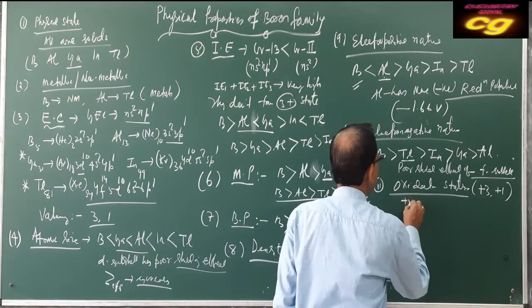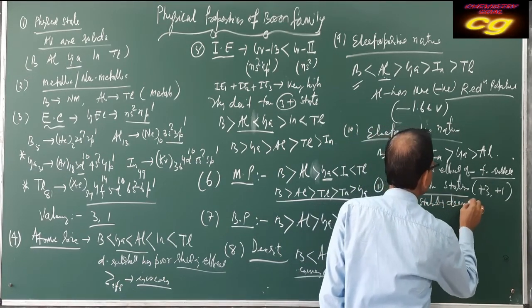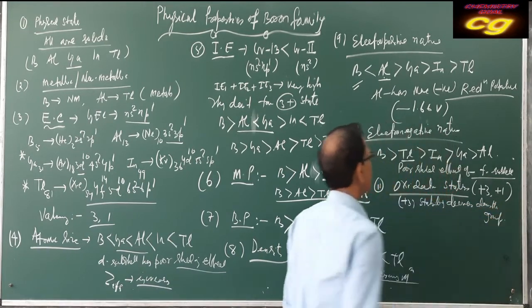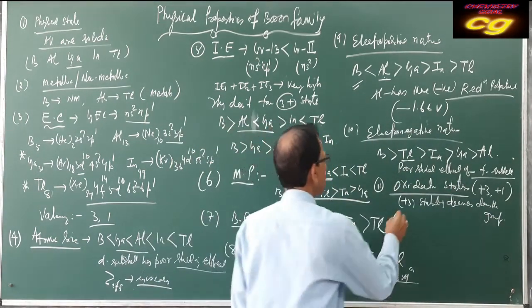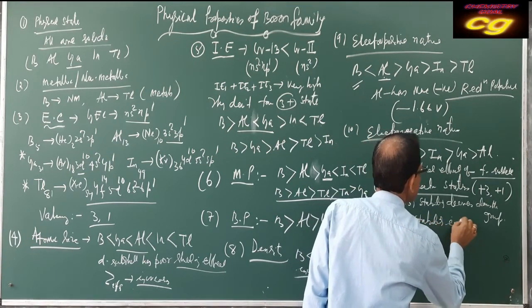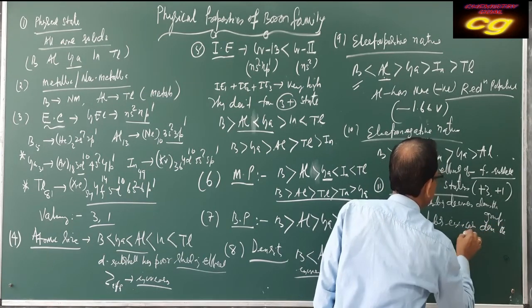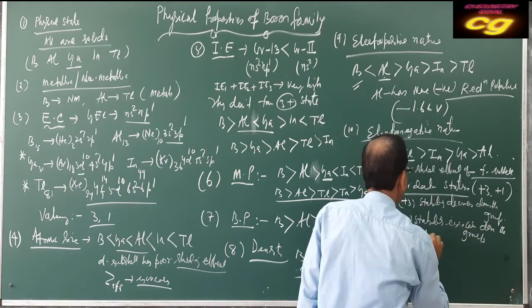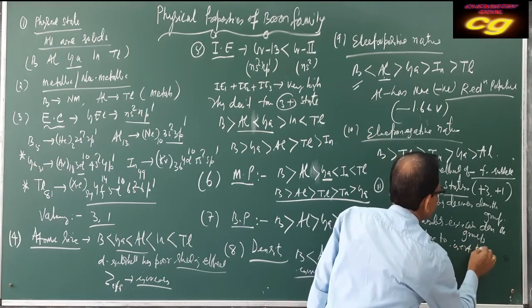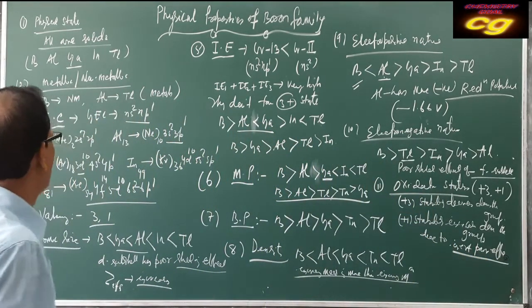But +3 stability decreases down the group, and +1 stability increases down the group, due to the inert pair effect. You know this.